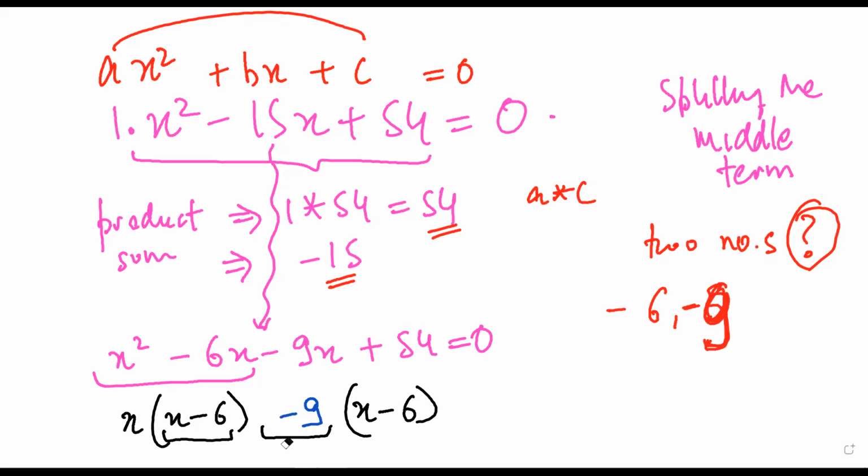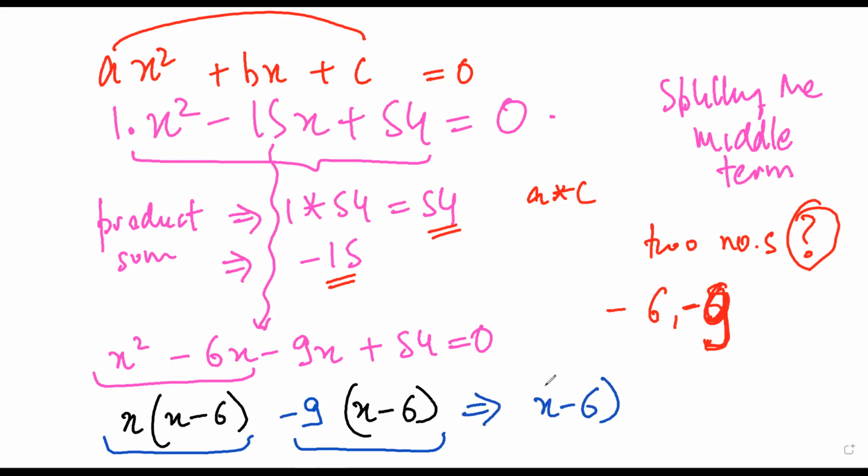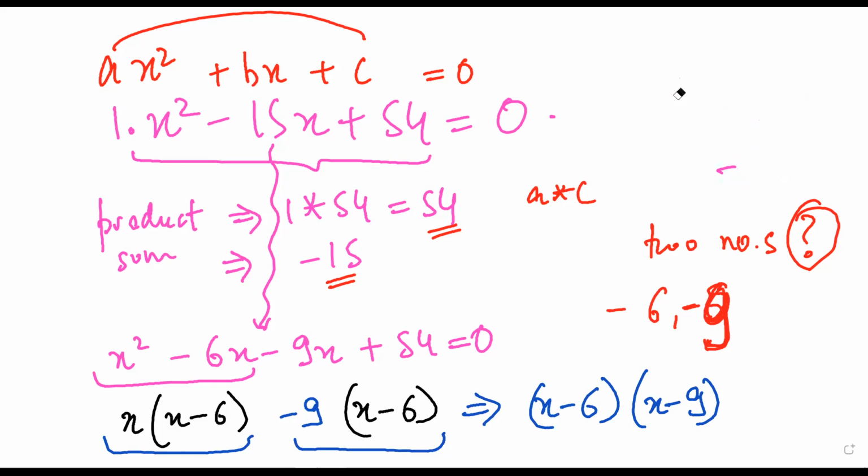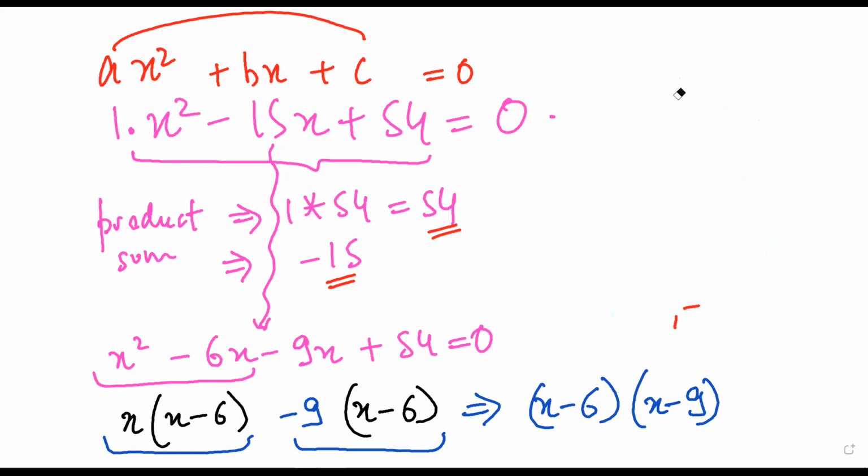Now I need to find the common factor from these two terms. What would be the common factor? x. Mr. Sarthak, are we clear till here? Yep. Now, see, if this was just factorization of the polynomial, the factorization of the algebraic expression, our answer would have ended here.